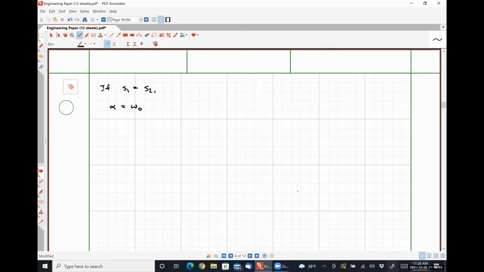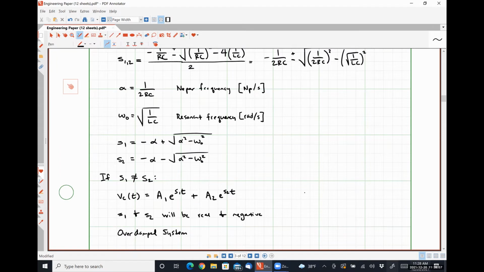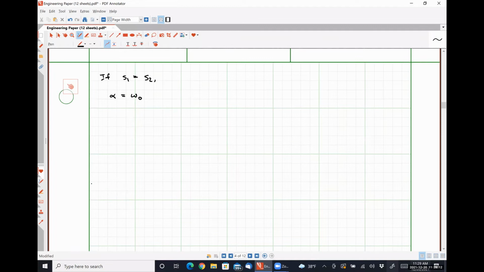Actually, let me go back to do something here because I forgot to do it, and this might be a good way to explain things as well. For S1 to not equal S2, we want alpha to be greater than omega naught as another way to classify what's happening there. My apologies for doing it oddly, okay? So if alpha is equal to omega naught, then we know that S1 is equal to S2.